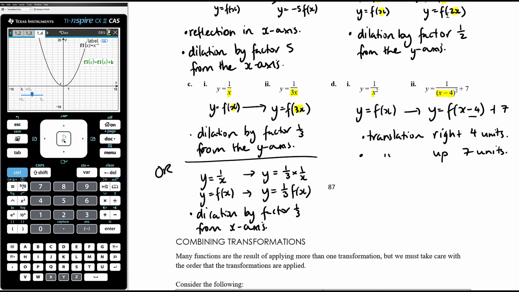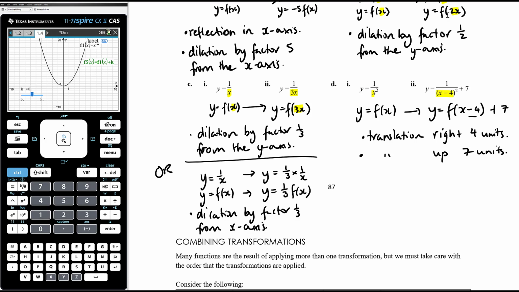Okay, again, the order that we apply those doesn't matter. If we took the truncus and added 7 to it and then replaced the x with x minus 4, it would still result in the same function. Okay, it's to do with the fact that those two translations affect different coordinates. So translating the graph to the right by 4 units is altering the x coordinates of the points, and translating the graph up by 7 units is altering the y coordinates of the points.